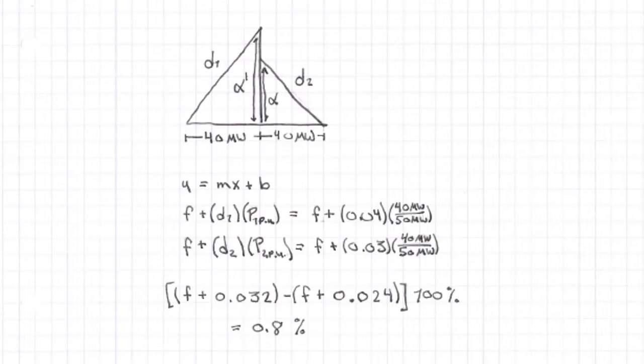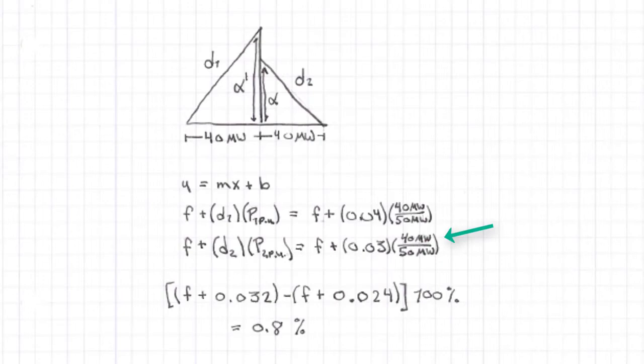We can set this up with these equations. It's very simple. We're looking for 40 megawatts over 50 megawatts, so the per unit is 40 over 50, times our droop, which is 0.04, plus our no load frequency F. For the second motor, we have our frequency again, plus droop 2 times the per unit of 2, which is also 40 over 50.